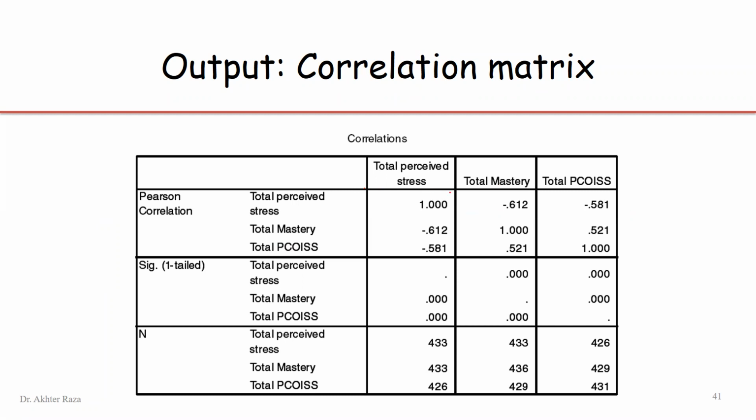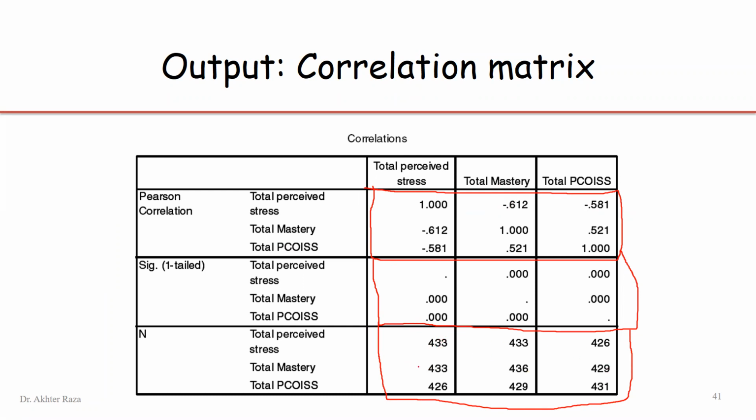In the top segment, we have a matrix of 3 by 3 in which the values of correlations are mentioned. In the second row, we have p-values against all of these correlations. And in the third row, we have sample sizes.